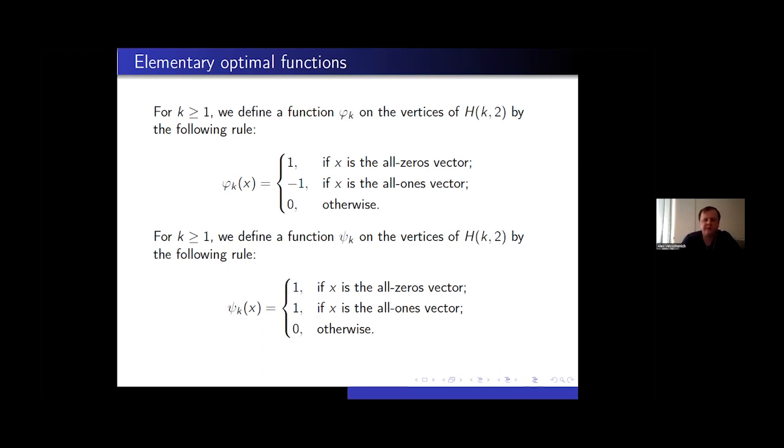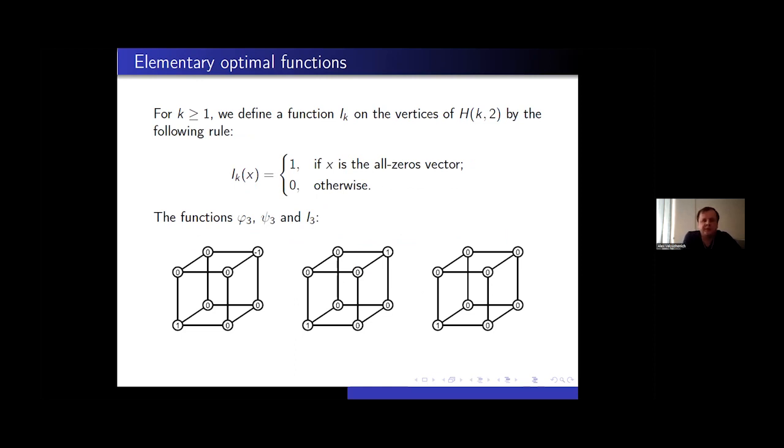So these two functions, phi k and psi k, have support size 2. We define a function I k on the vertices of the hypercube as follows: I k of x is equal to 1 if x is the all-zeros vector and equal to 0 otherwise. You can see the functions phi 3, psi 3, and I 3 on the slide. The first two functions have support size 2, and the third function has support size 1.